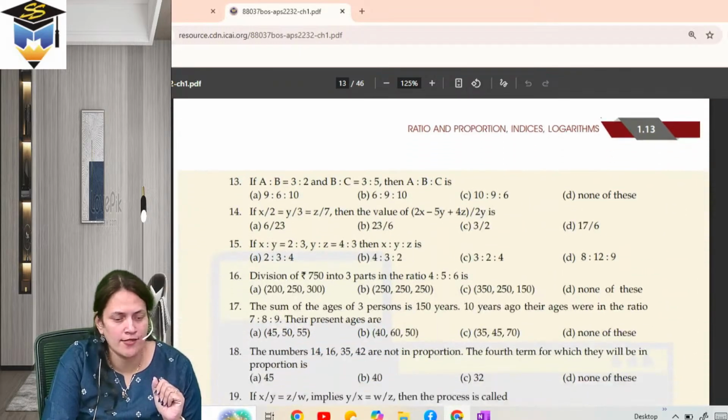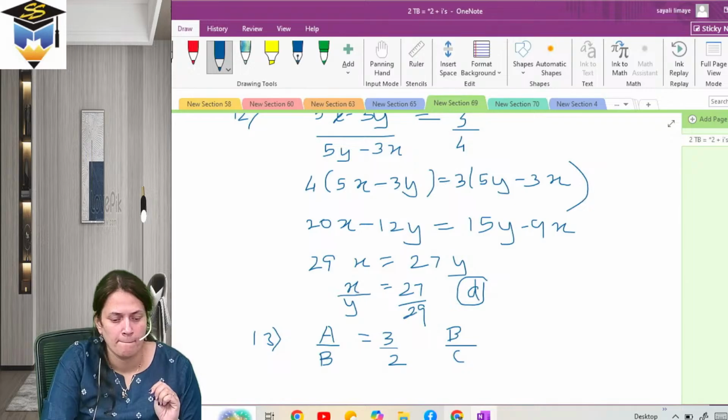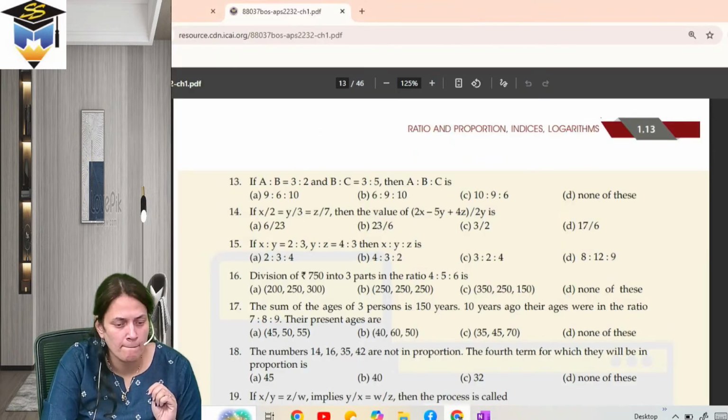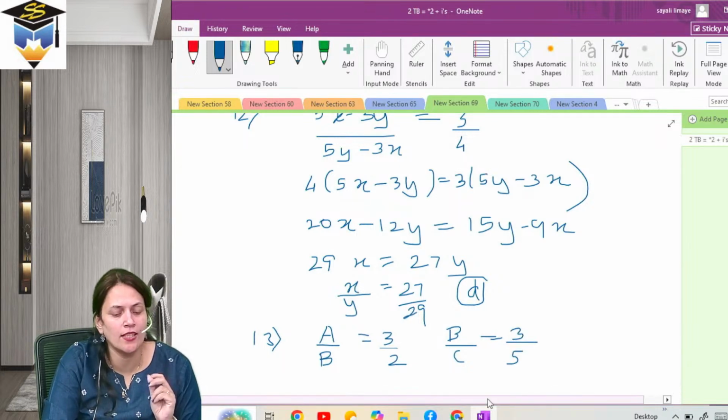A upon B is 3 by 2, B upon C is 3 by 5. You have to find out A is to B is to C. Can we say A, B, C are in continued proportion?